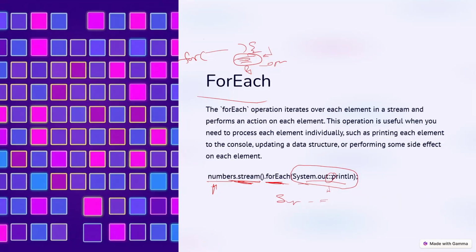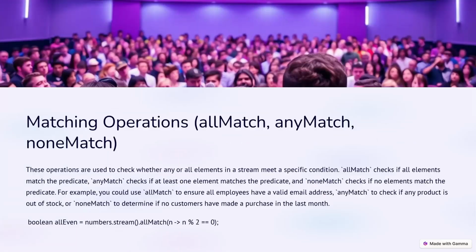Okay, next one. Matching operations, like allMatch, anyMatch, noneMatch. For example, you have a scenario where you have a list of employees. In that list of employees, you need to find whether a specific employee, based on a specific department or a specific condition, is present or not.